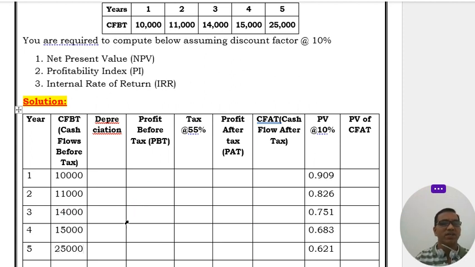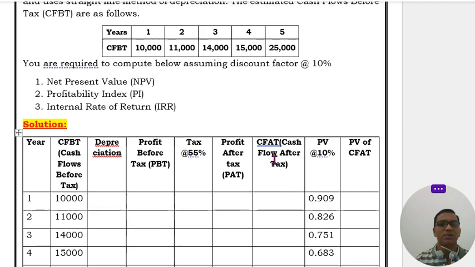These are CFBT, before deducting depreciation and tax. From this, first we have to minus depreciation, after that minus tax, and again add back depreciation. If you add back depreciation, then we will get cash flow after taxes.